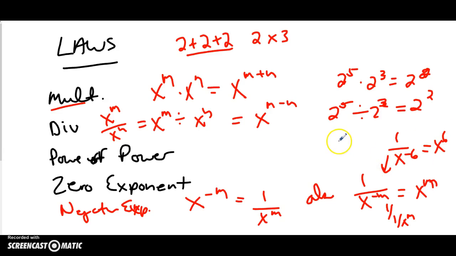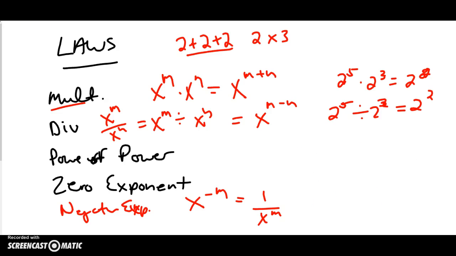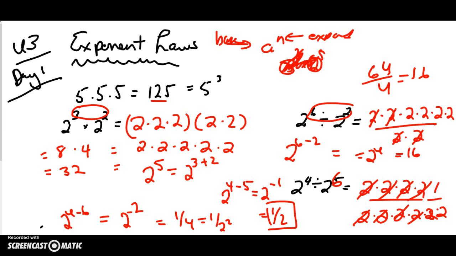And x to the negative 3 is the same as 1 over x cubed. So if it's a negative exponent, it's 1 over the positive value of that exponent. That's that, so that's rule number 5.